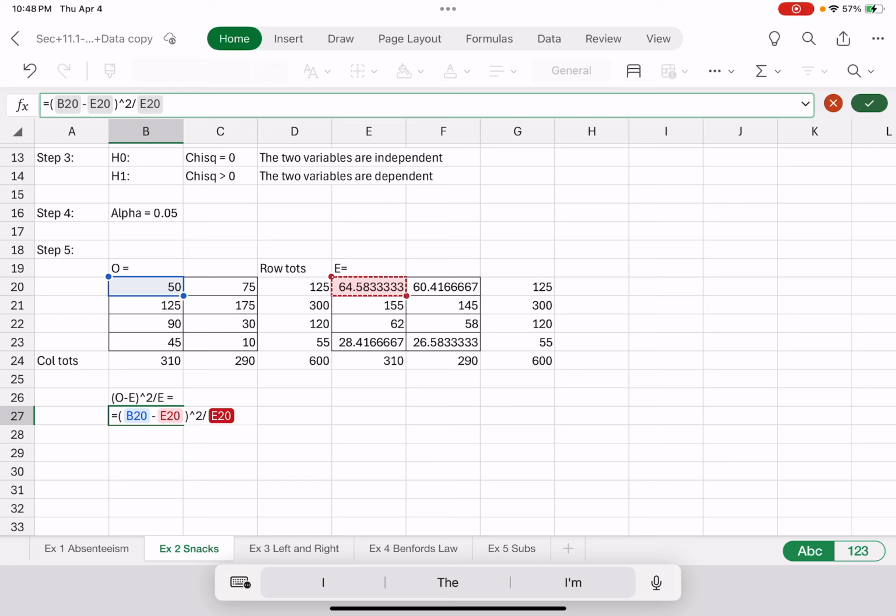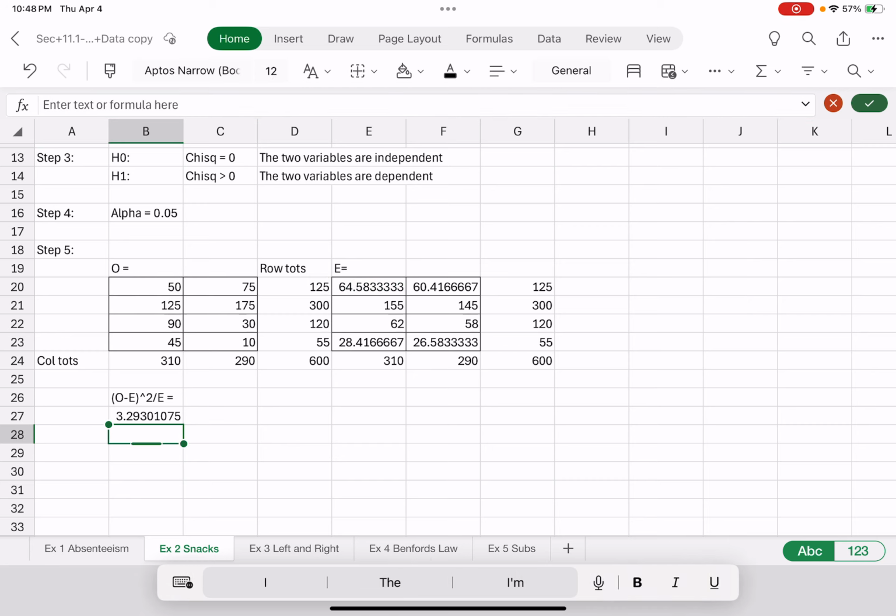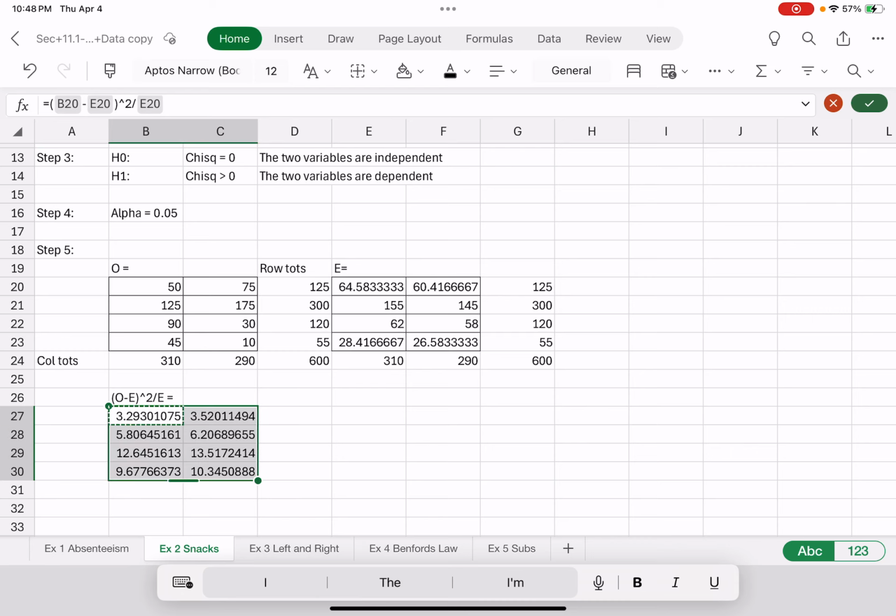I'll enter. Okay, so no dollar signs there. Command C. Fill all that in. Command V. There's all of the sum of the differences. The sum of the square of the differences divided by the expected.